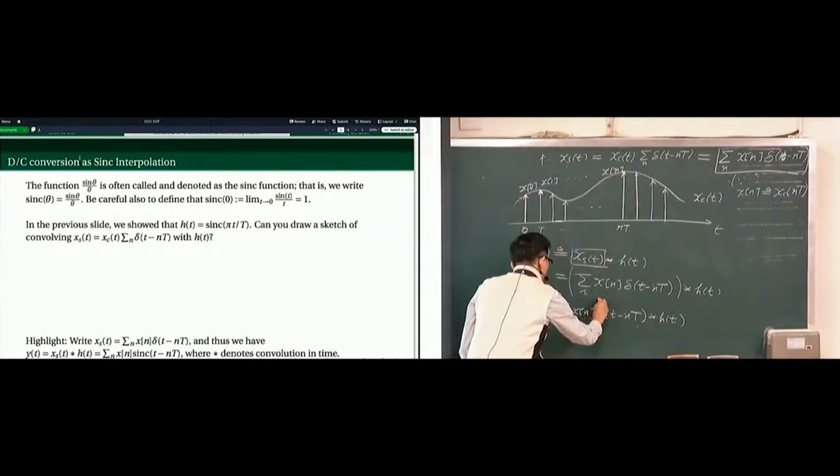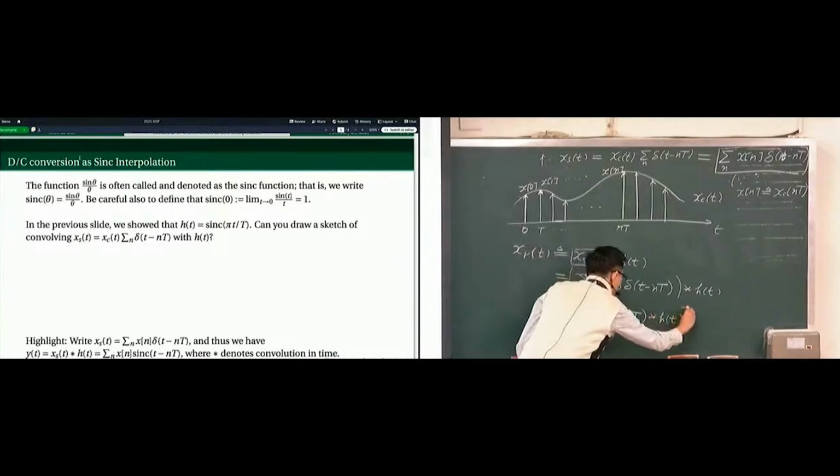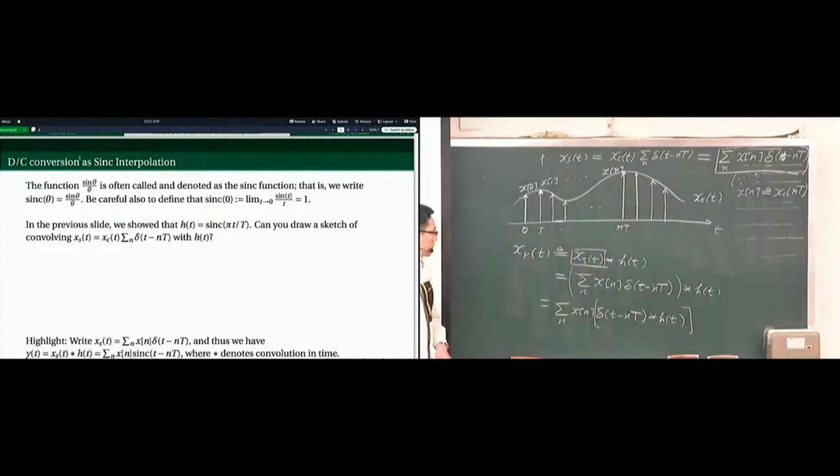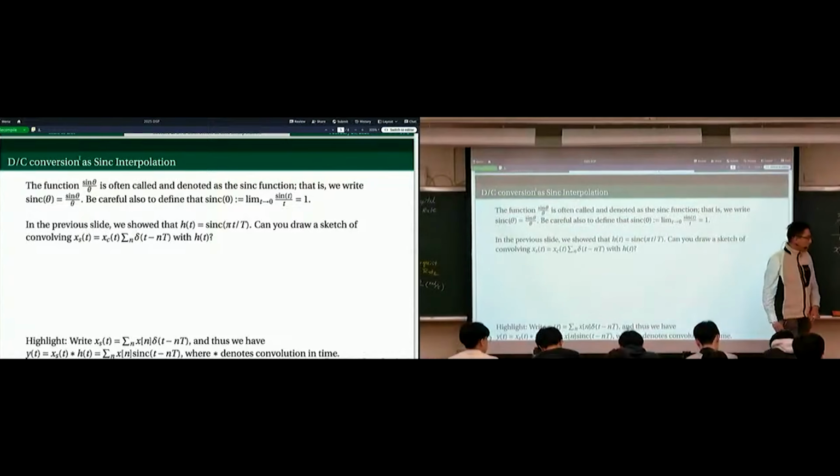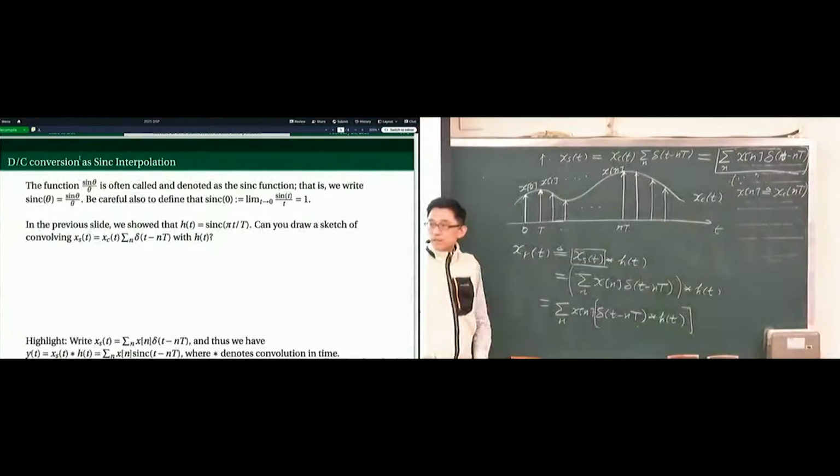And I'm going to put the parenthesis in here, because as far as convolution is concerned, x[n] is nothing but a scaling factor. And again, because convolution is linear, I can put the bracket around right here.